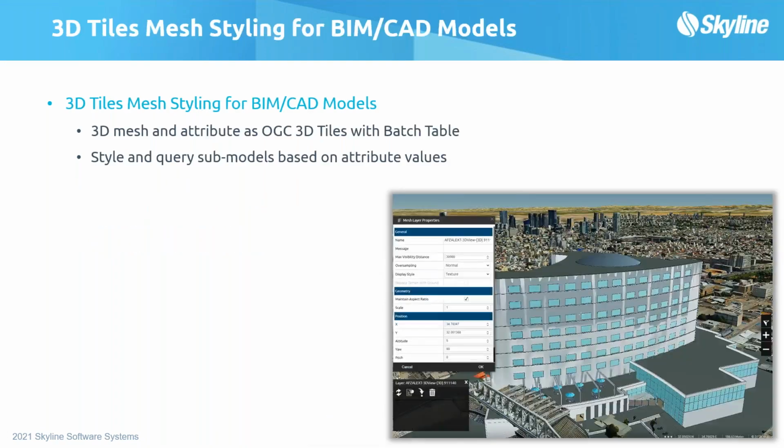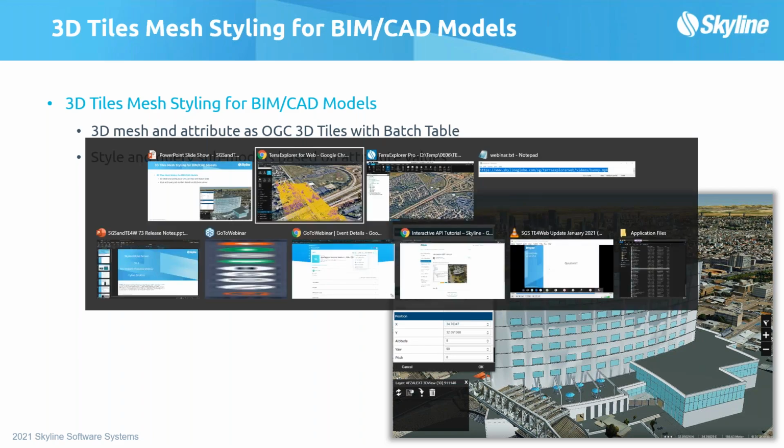We also have styling and the ability to load information for BIM and CAD models. We take the IFCs or the FBXs, we put them into the efficient 3DML, we publish them to the server, and we then consume them in TerraExplore for Web as 3D tiles with batch table, and we can query and style based on it.